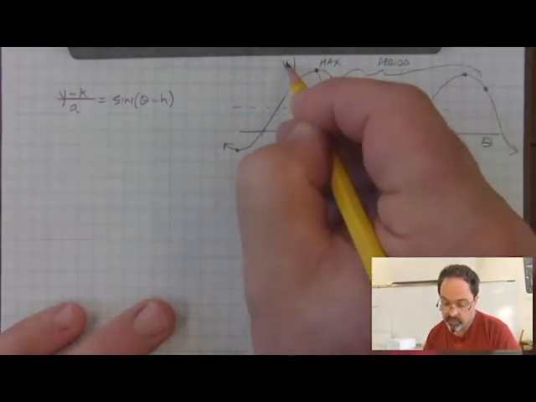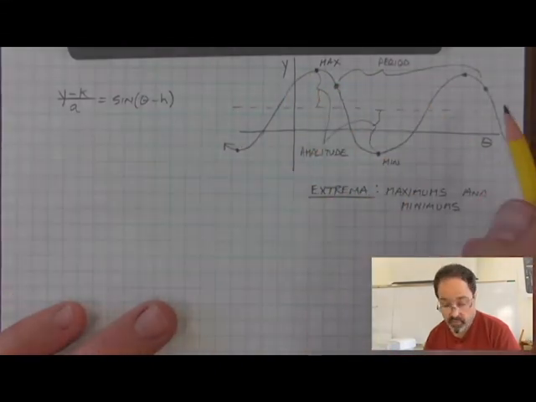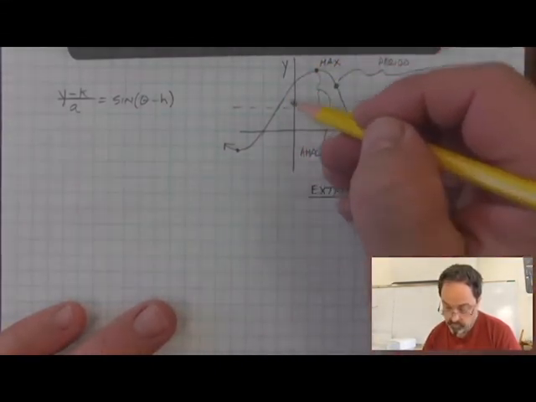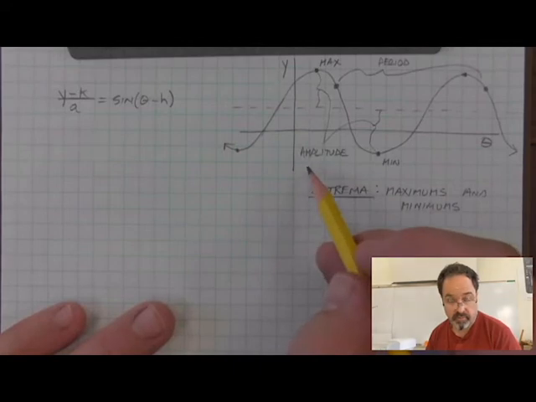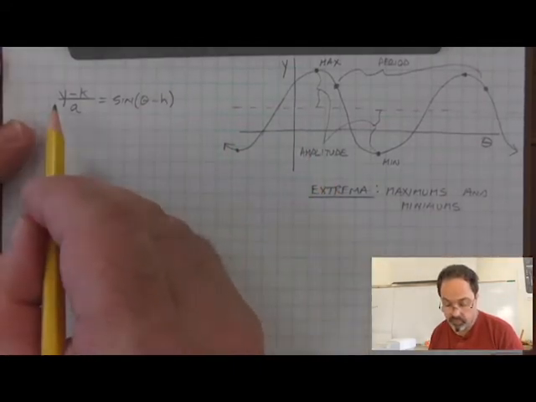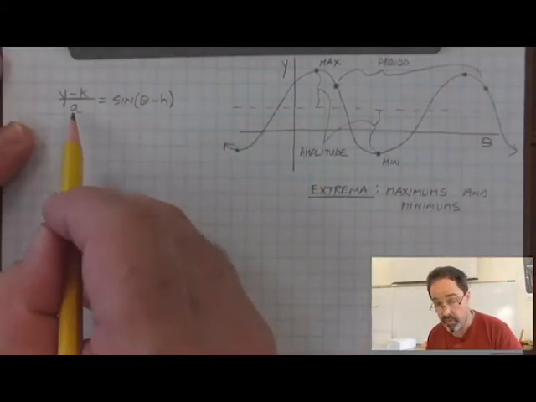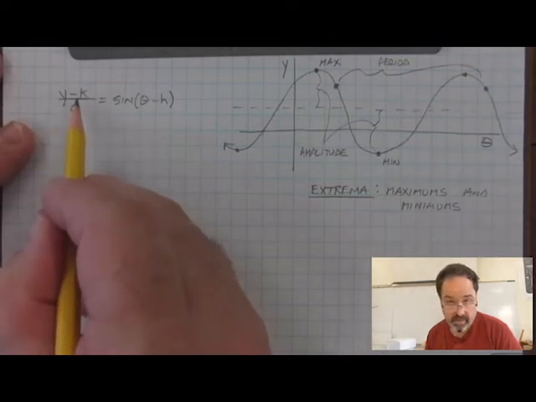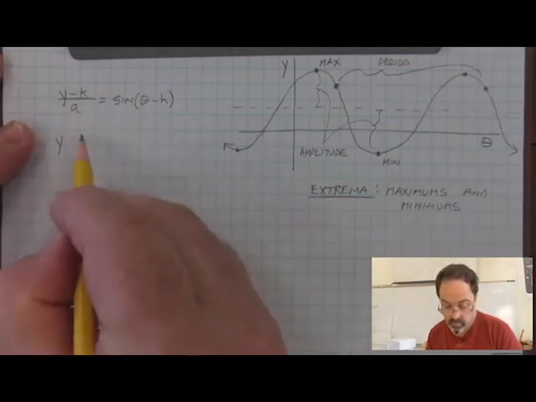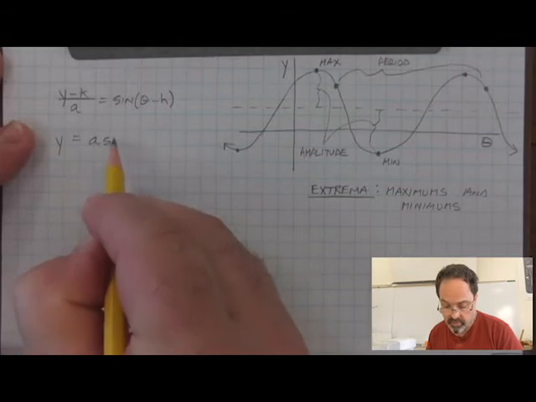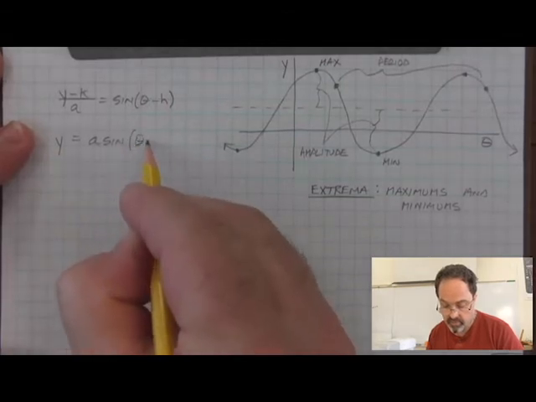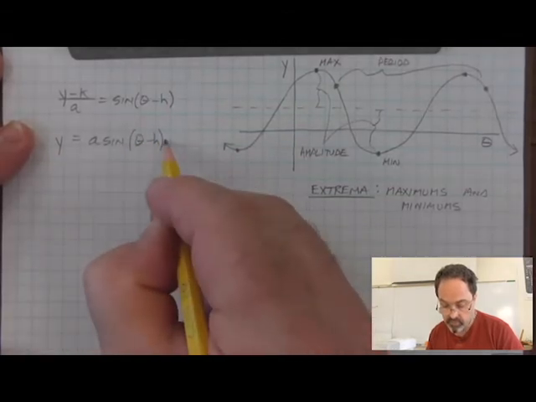Theta is an angle measure, horizontal axis. y is a vertical measure, vertical axis. We could solve this equation for y by multiplying both sides by a and adding k. When we do, we get y is equal to a sine of theta minus h, plus k.